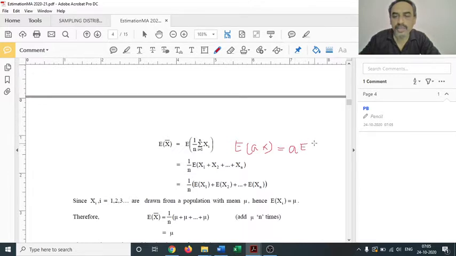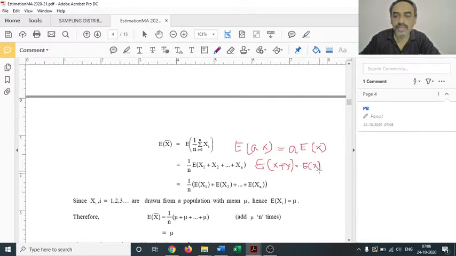That is, if A is a constant, A can be taken outside and E is to be applied on x only. The next is E of x plus y is equal to E of x plus E of y.